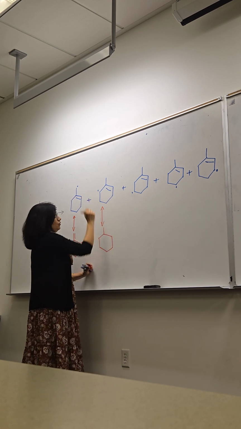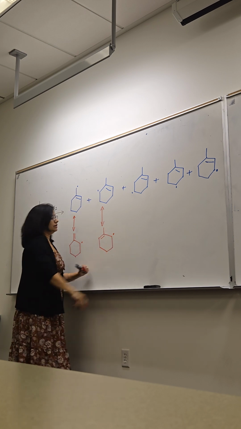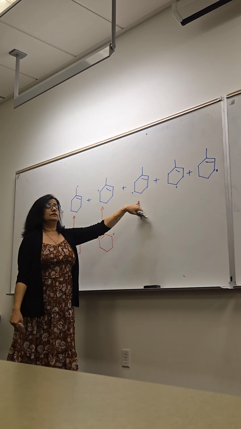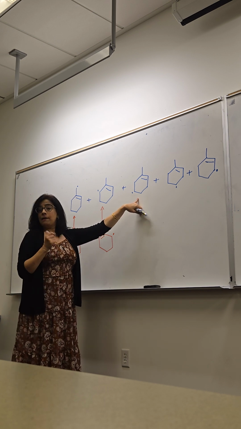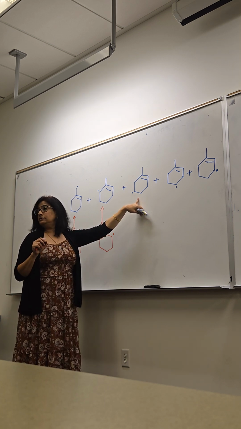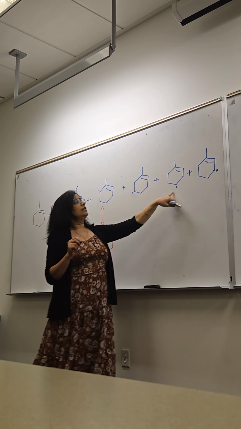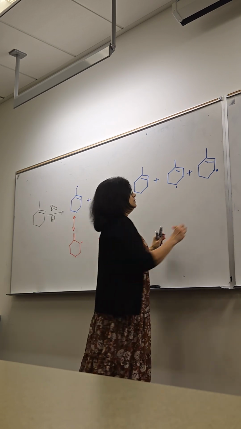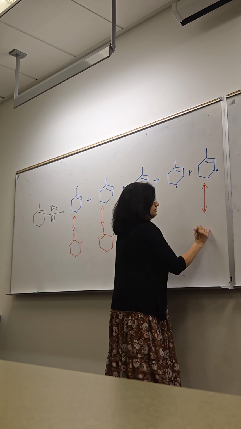So if the double bond moved there, you get a radical here. Agreed? Can this do resonance? No. Everybody agrees? No resonance. Can this do resonance? Yes. Let's draw its resonance structure.